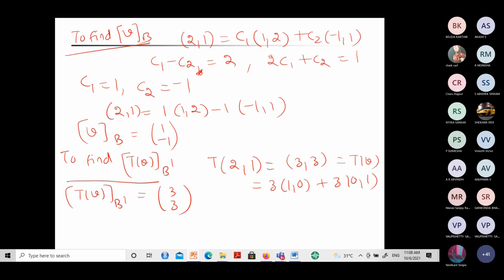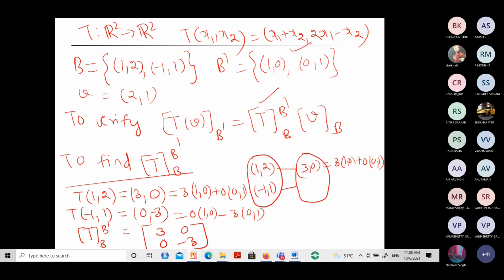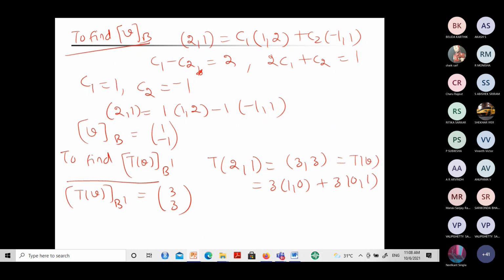Okay, shall we verify this now? Which do we have to verify? We have to multiply the right side first. We'll find T from B to B dash into V with respect to B. T from B to B dash, what is that matrix? You remember? (3, 0; 0, -3), into V with respect to B, (1, -1).